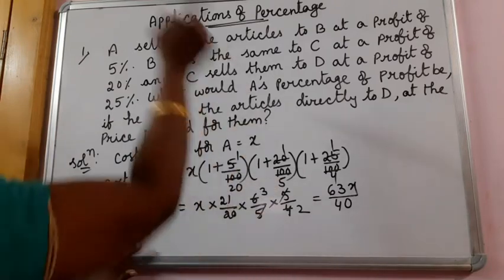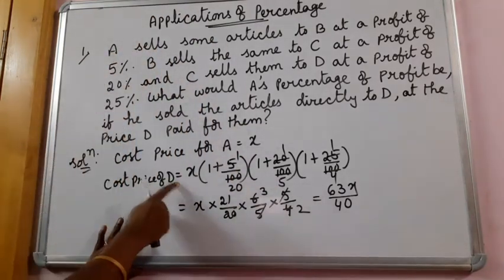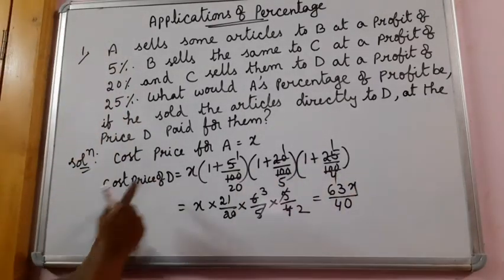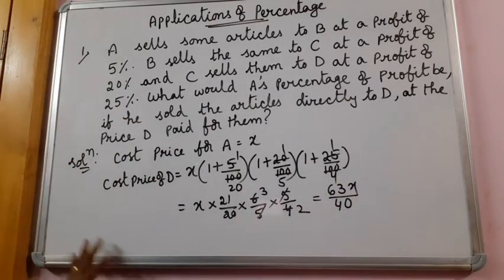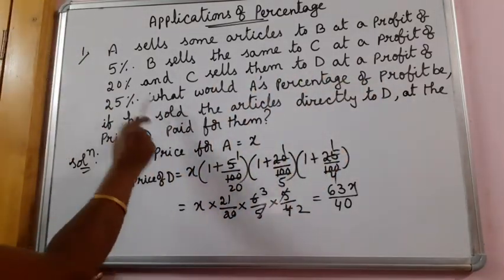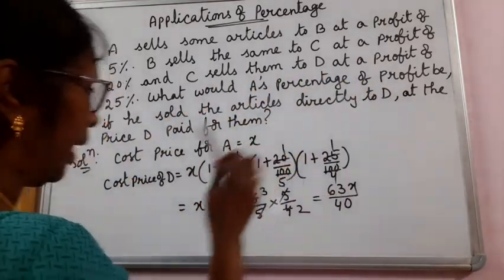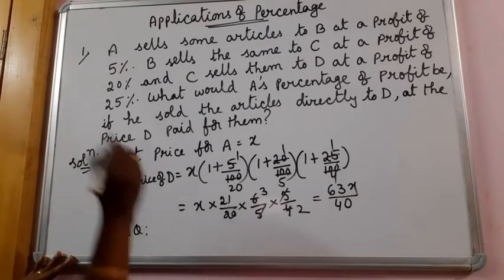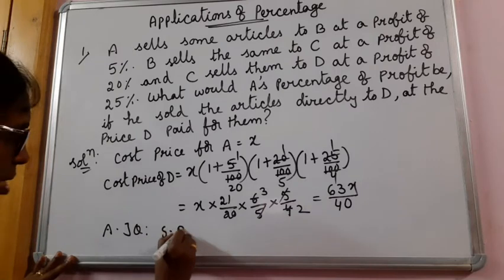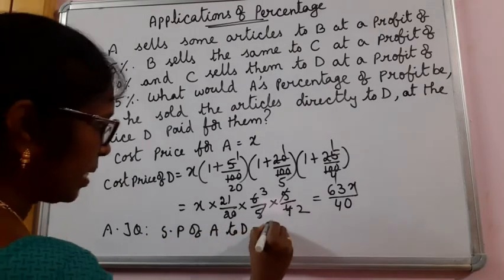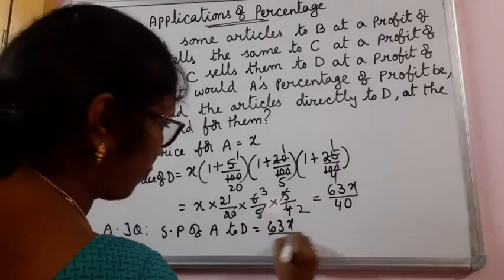That means if A sells to D directly at this price, that means the cost price. Your second situation: what would A's percentage of profit be if he sold the article directly to D? So according to the question, the selling price of A to D is 63X by 40.